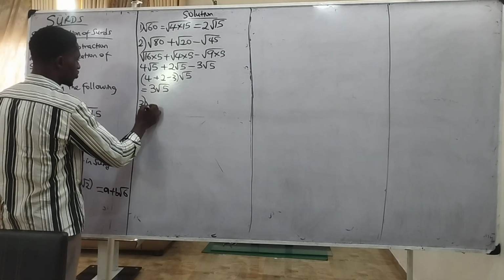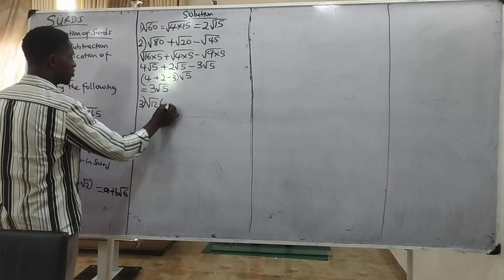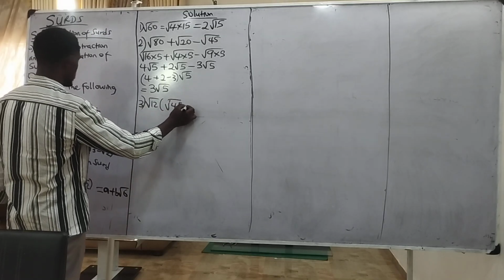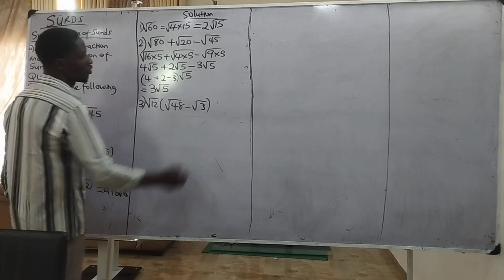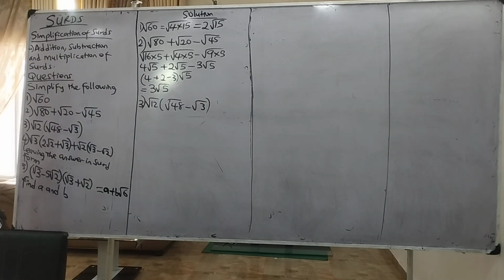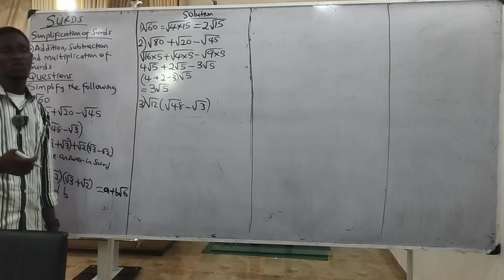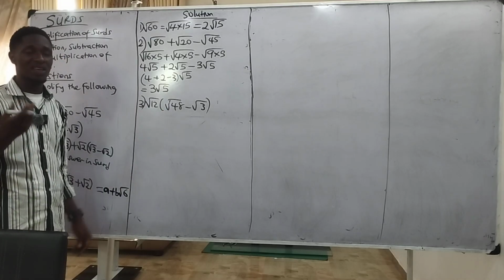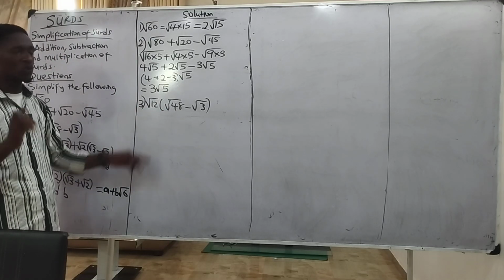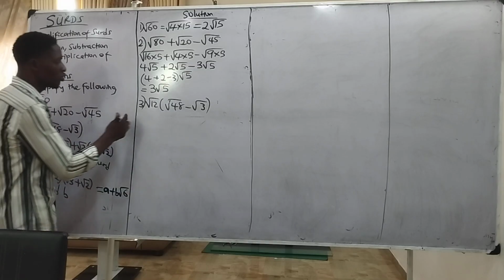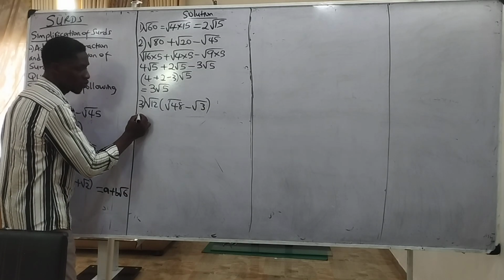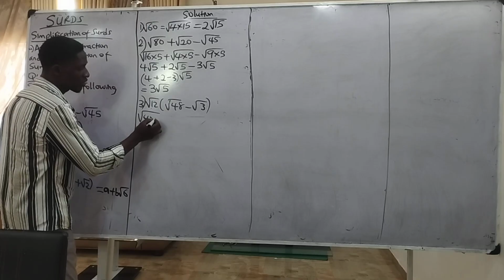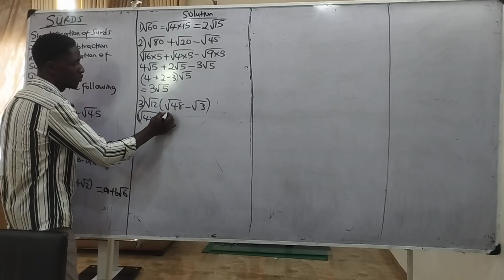Then we'll go to number 3. This is multiplication: root 12 bracket root 48 minus root 3. You have to get to a point that you can solve certain questions without your calculator. If we multiply this and this, we'll get a higher number. So I'm going to take it one step at a time. The perfect square in 12 is 4, so I have 4 times 3, bracket.